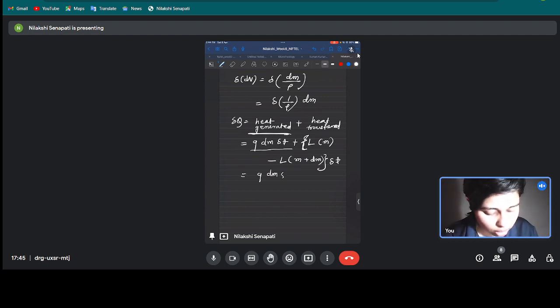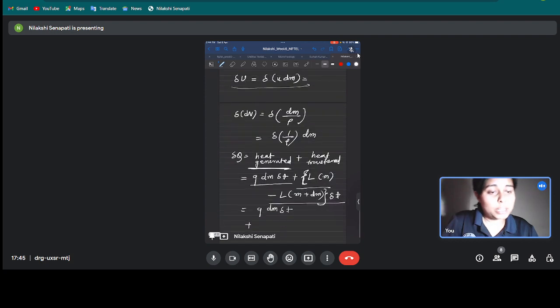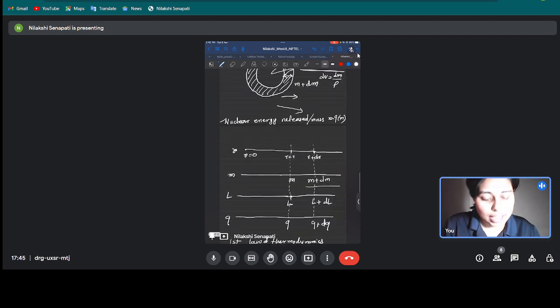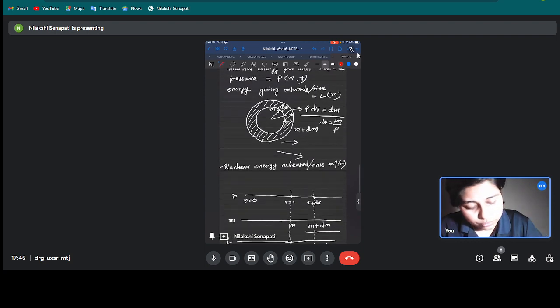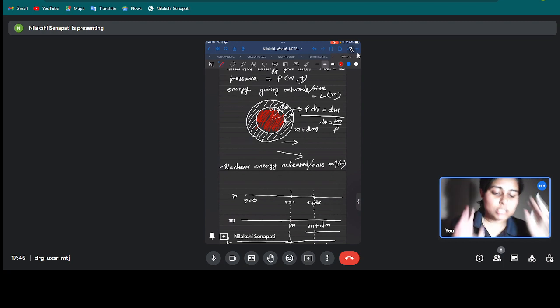And the second half is heat transfer. When it was at this position, it had mass m only, and it had some luminosity which it was giving to us, that is lm.